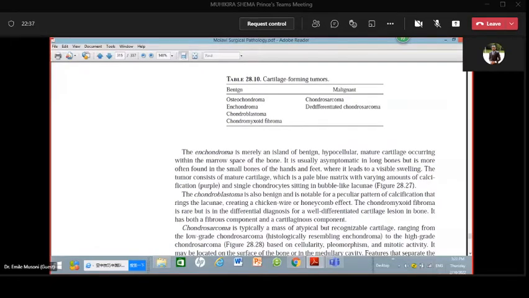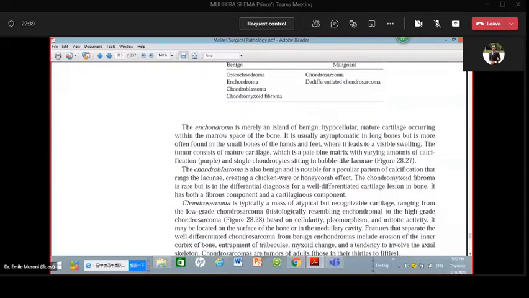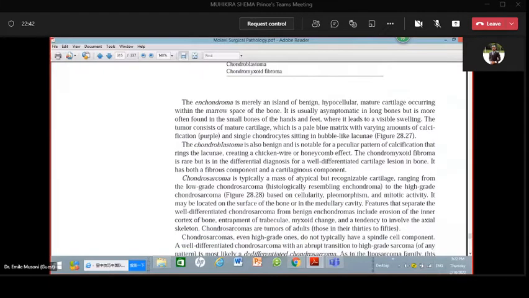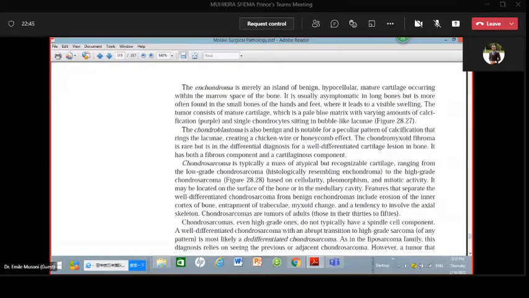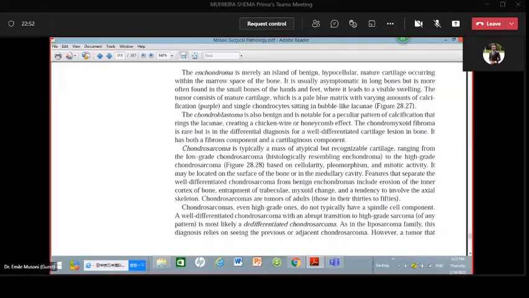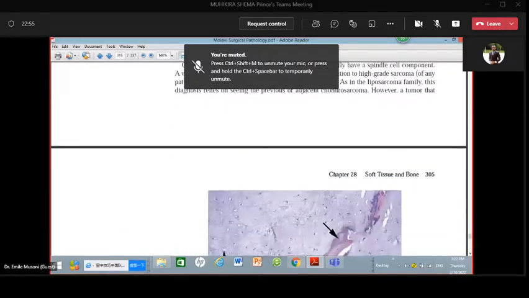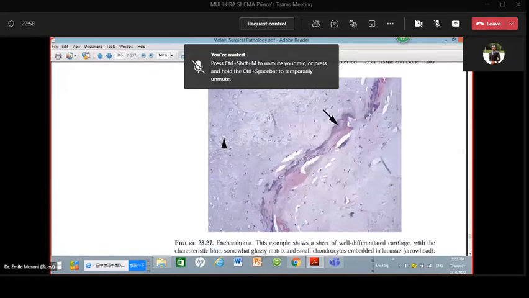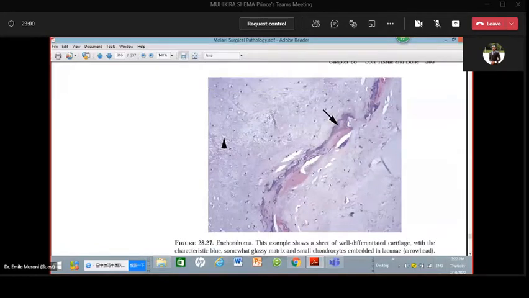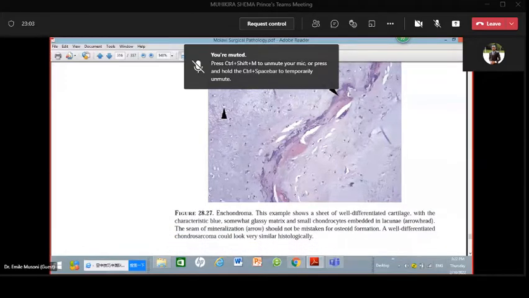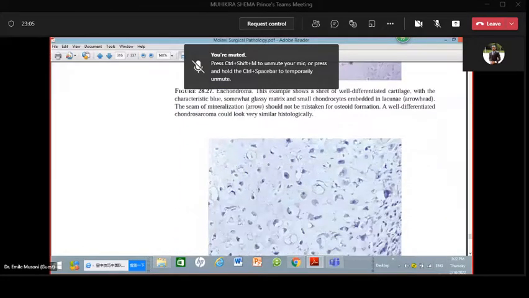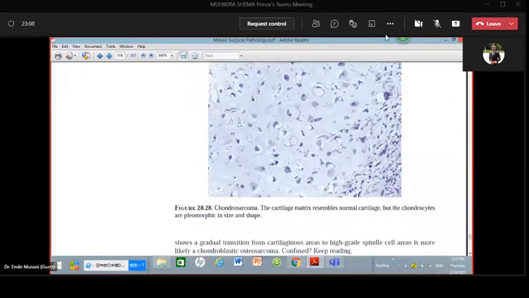Chondroblastoma is also benign, but chondrosarcoma is malignant. This is an image of enchondroma. This is osteosarcoma. You see they are polymorphic in size and shape.